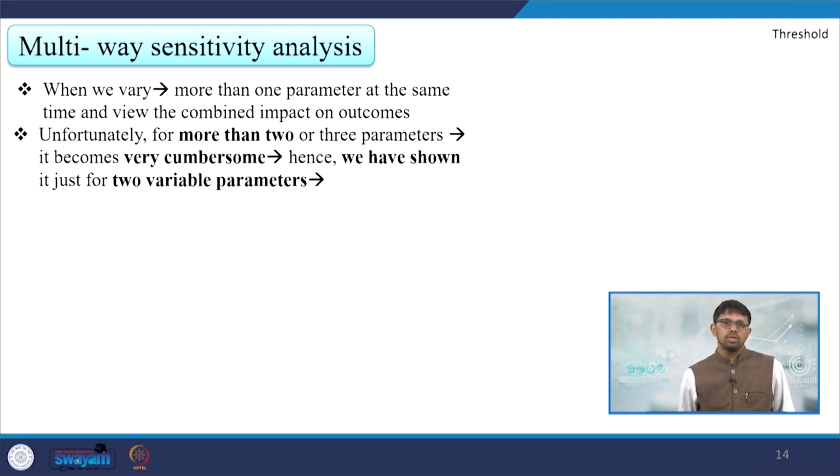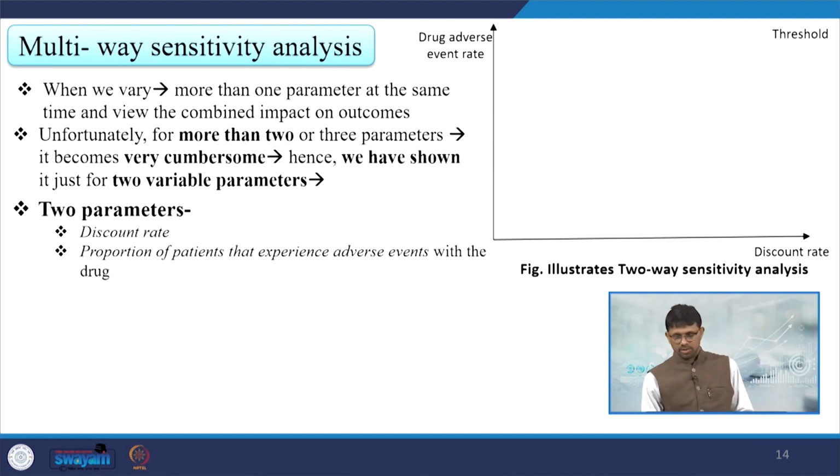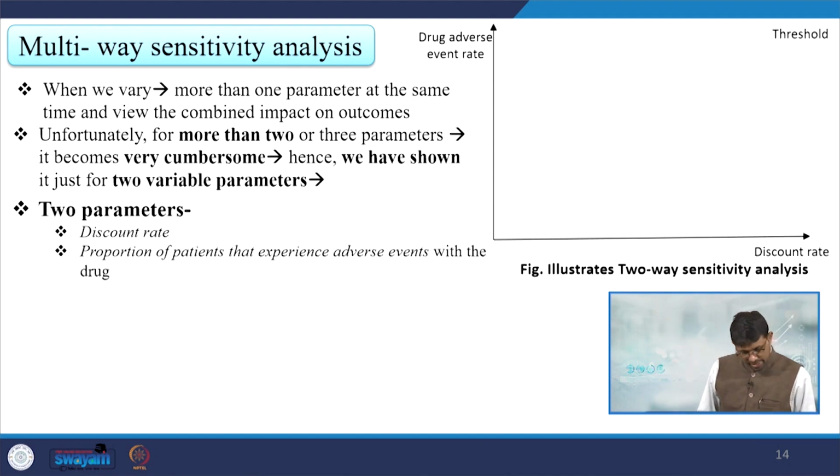Hence, we have shown it just for 2 variable parameters. The 2 parameters to understand this sensitivity analysis are the discount rate, which we already discussed in the previous one-way case, and the second one is the proportion of patients that experience adverse events with the drug.